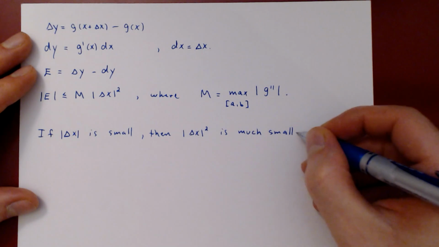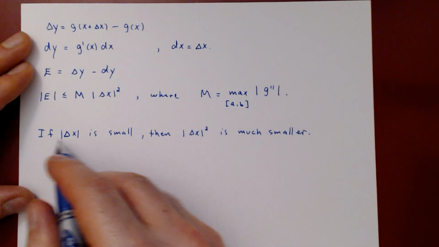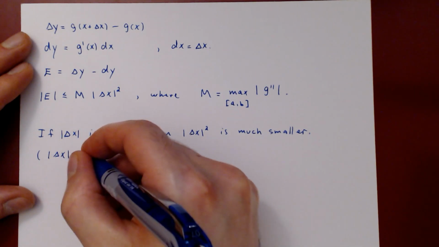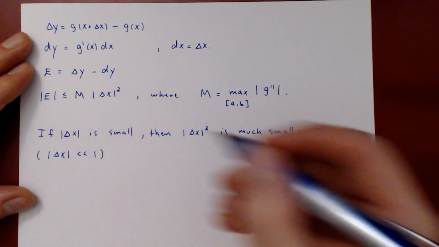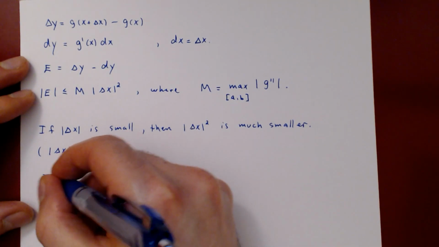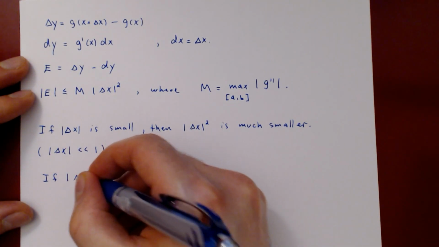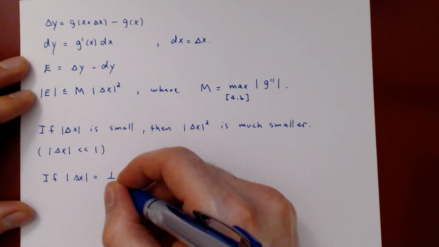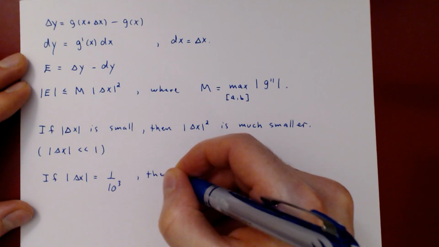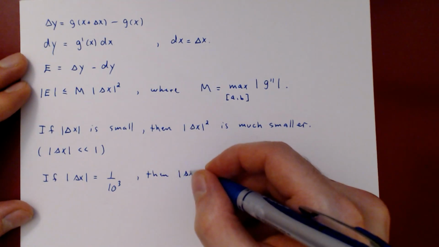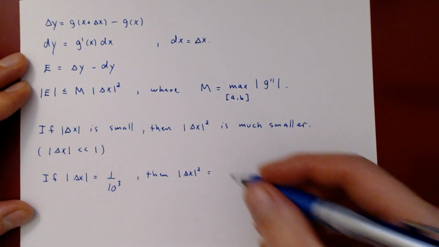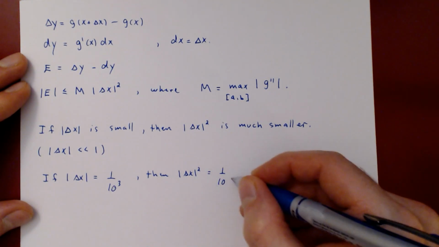And again, by small, what I mean is in absolute value delta x is much less than 1. So as an example, say the size of delta x was 1 over 1,000, so 1 over 10 cubed. Then, what is the size of delta x squared? Well, if you square 1,000, you have 1,000,000, so 1 over 10 to the 6.